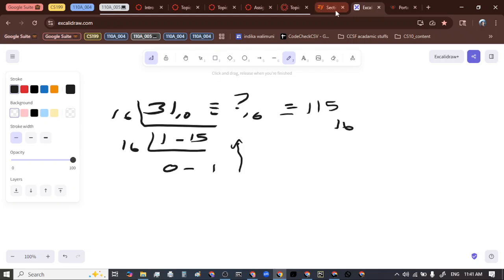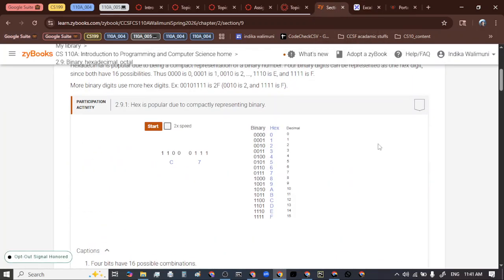What is the convention? We use letters of the English alphabet. Okay, so let's go to that one. All right, here you go. We have decimal, and after 9 we cannot use 10, because if we try to use 10, it's two symbols. That's problematic and confusing. So instead of the two symbols 1 0, we take A, and then 11 is B, likewise.